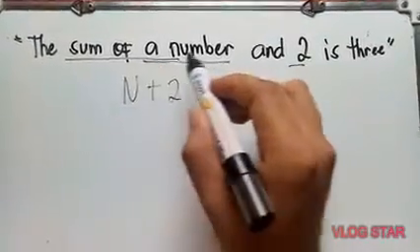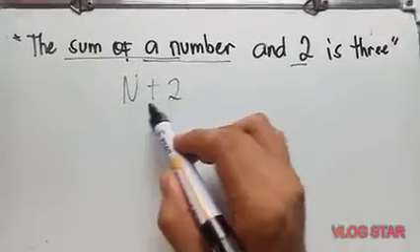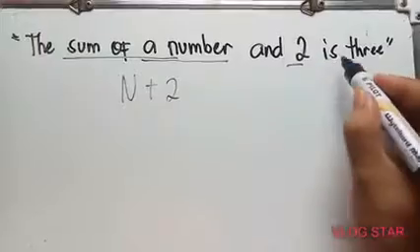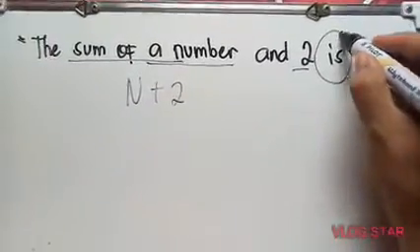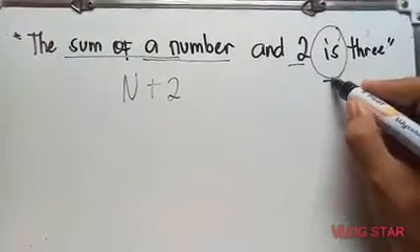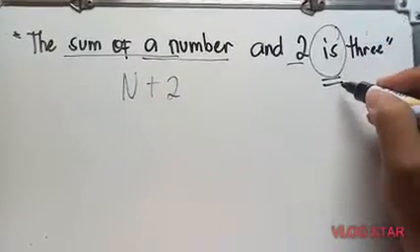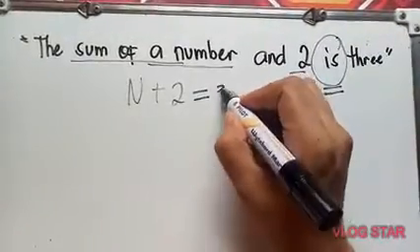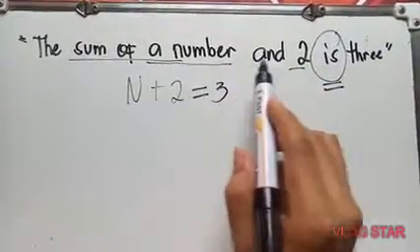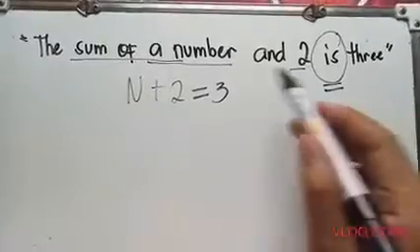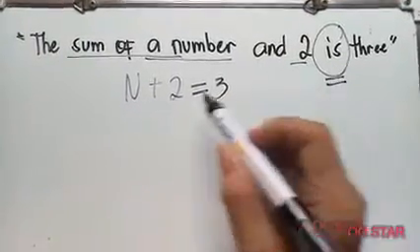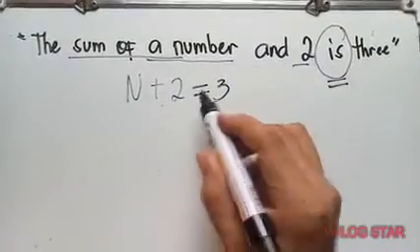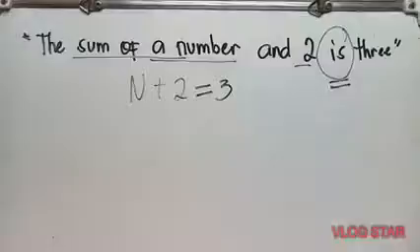You can replace this word phrase by n plus 2, then replace is by the equal sign, then 3. So this word sentence can be written as n plus 2 for the sum of a number and 2, then is equal, then 3.